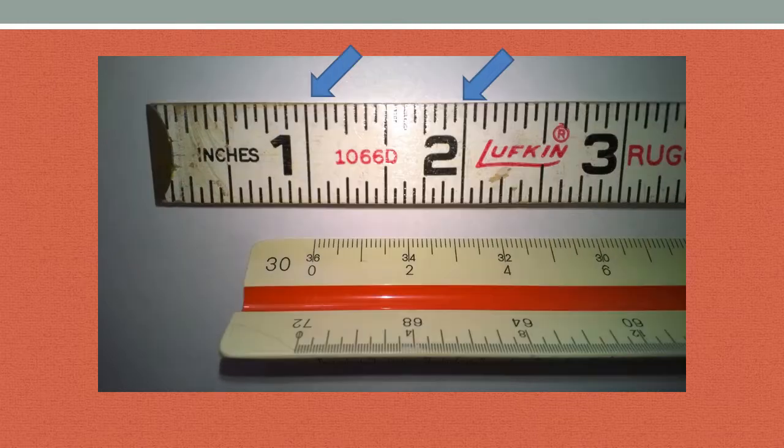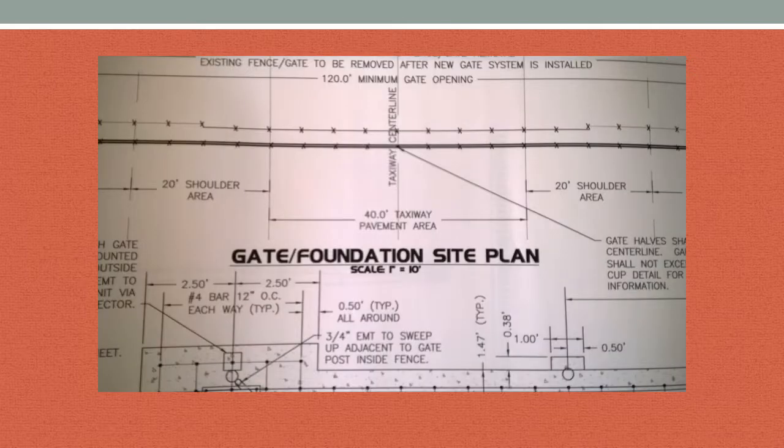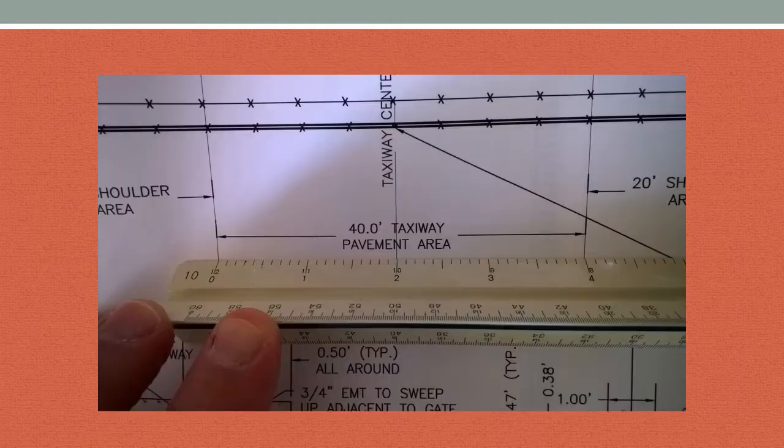And a 30 scale, again, 1 inch, and I read 30. Here's some more examples. Here's a 40 scale, which is 1 inch equals 10 feet. My 40-foot taxiway pavement area, 1 inch equals 10 feet, 40.